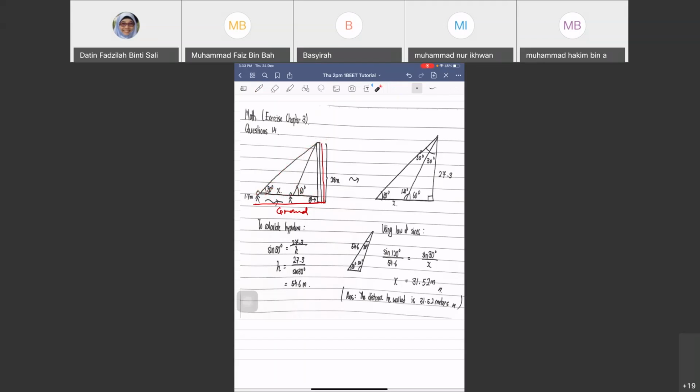So find the distance he walked towards the building. So basically what we want is this distance, this much. Let me see here.